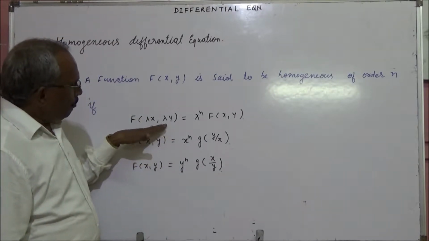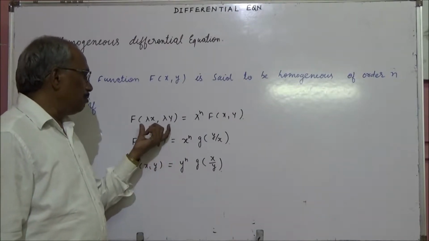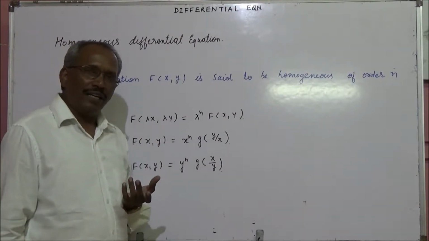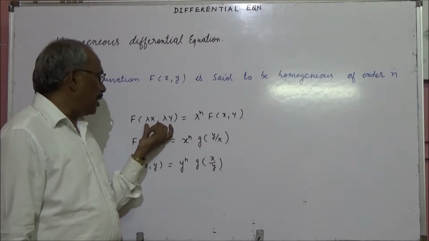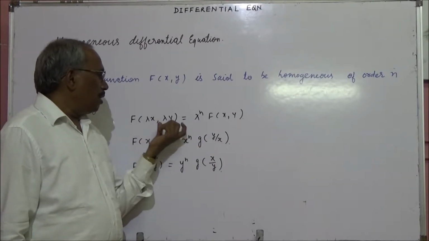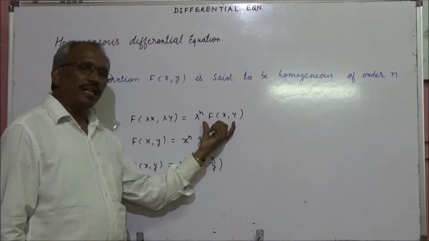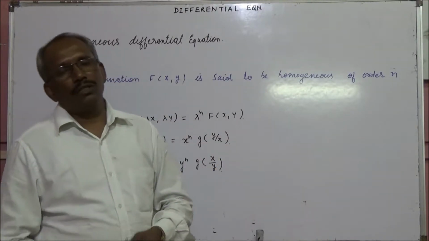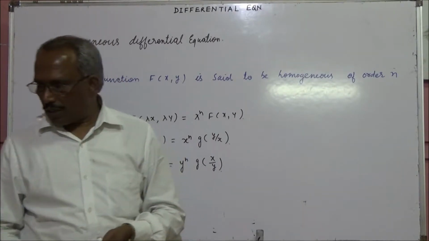So if the given function is of order n, then अगर समझो कोई भी फंक्शन के ऑर्डर n है, डिग्री n है, और हम लोग λx और λy x और y को रिप्लेस करते हैं और अगर इसको हम ऐसा लिख सकते हैं तो then that function is called a homogeneous function.